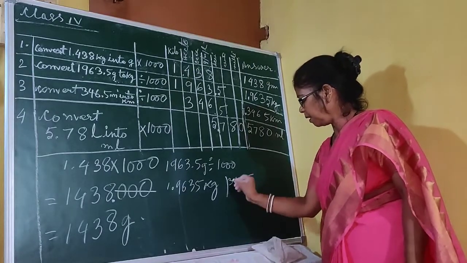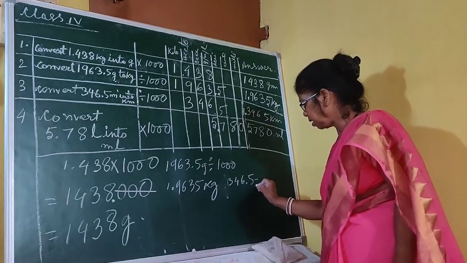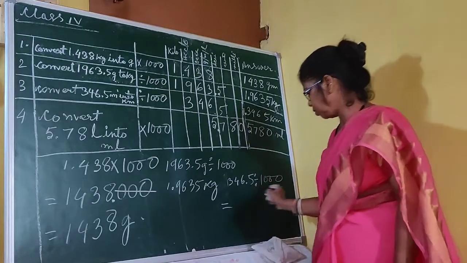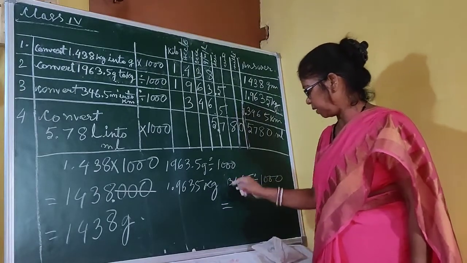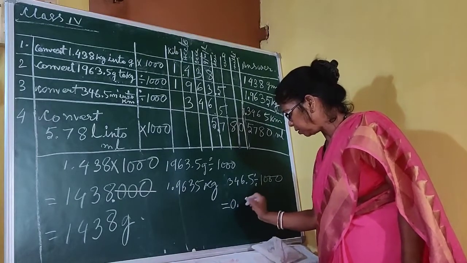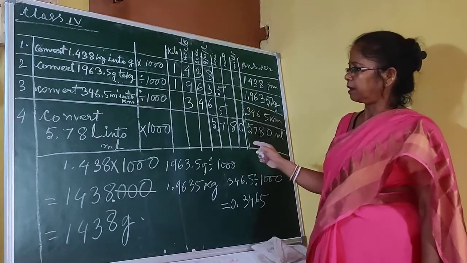So divide by 1000. Then the decimal shifts this side. So you can write 0.3465 kilometer.